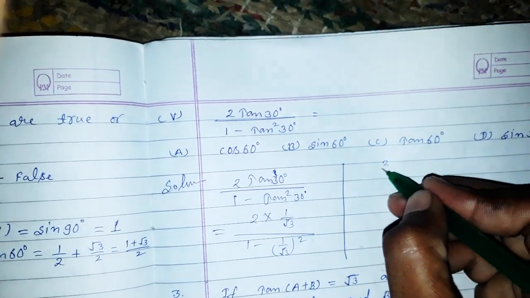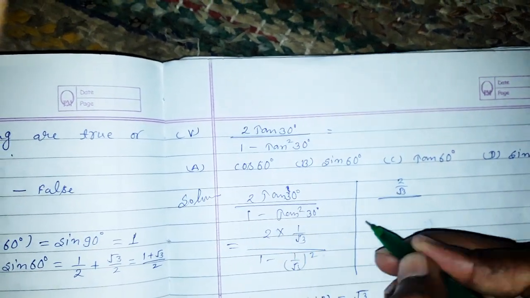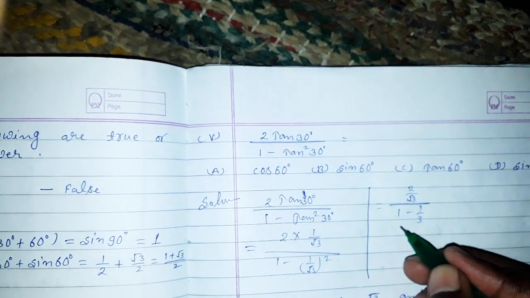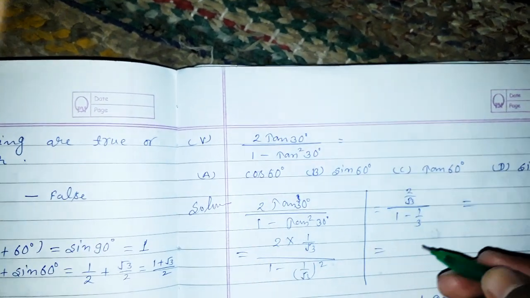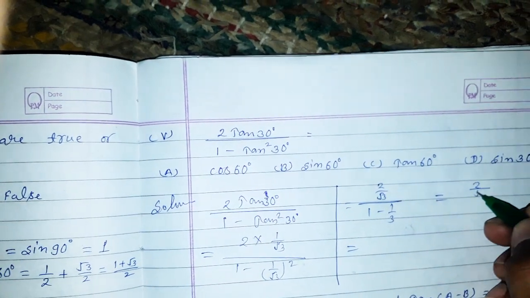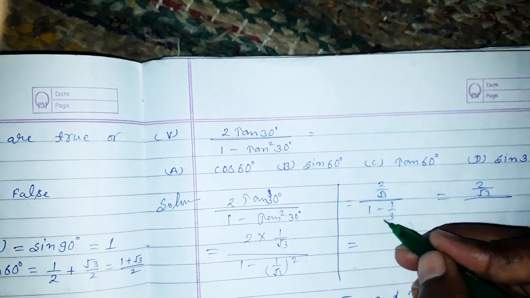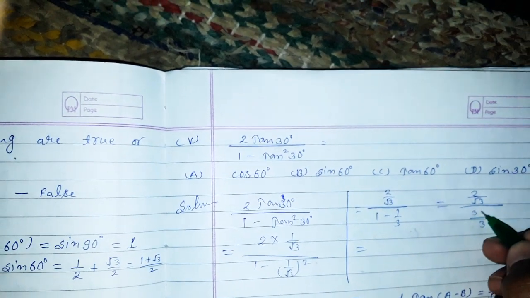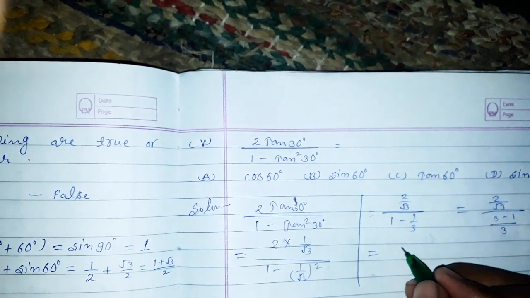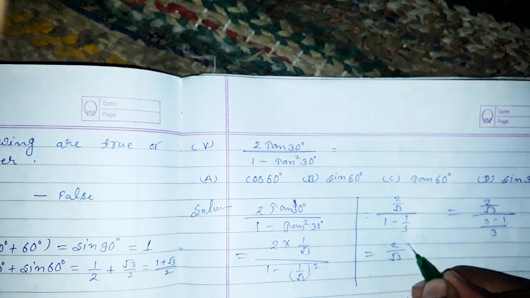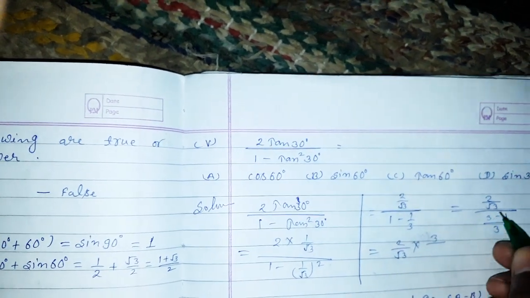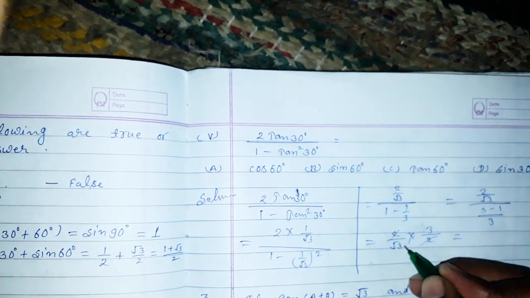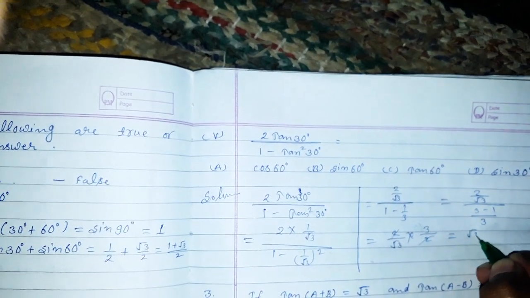So this is 2 upon root 3 upon 1 minus 1 upon 3. So this is 2 upon root 3 upon, LCM is 3, so 3 minus 1, so 2 upon root 3 into 3 upon 2, so 2 is cancelled, and this value is root 3.